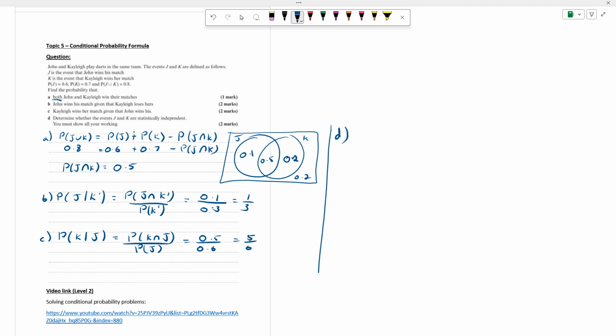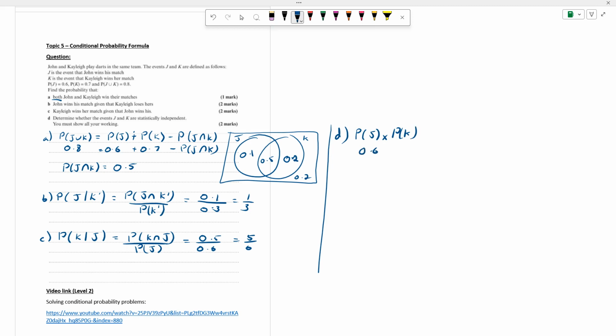So part D, determine whether J and K are statistically independent. Now remember, to be independent, if I times them together, it equals the intersection. I've already found its intersection is 0.5. So what I'm going to test with is: what is the probability of J times the probability of K?